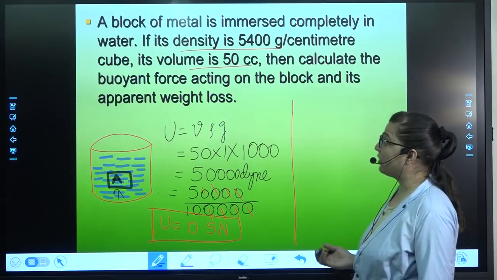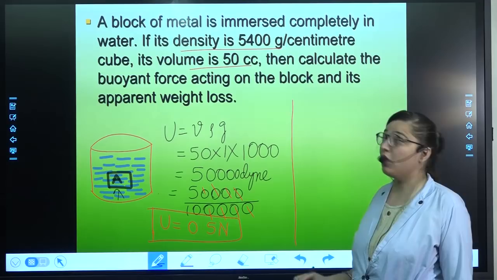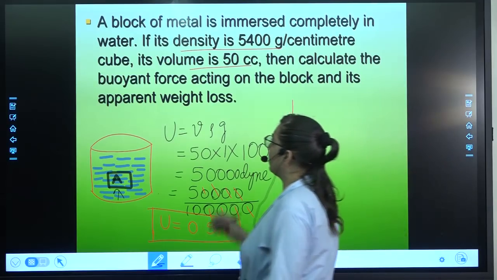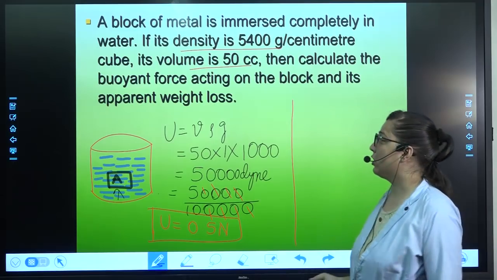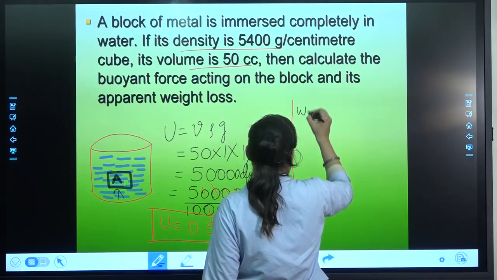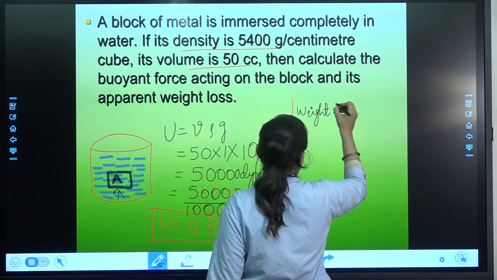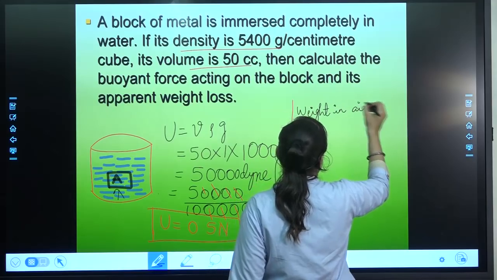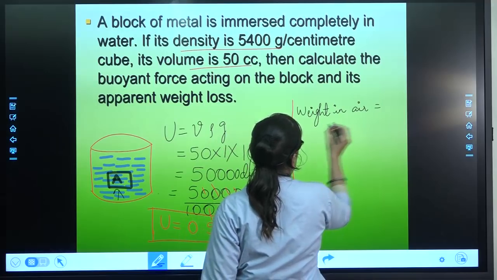So how to calculate now the apparent weight loss? For finding out the apparent weight loss, the density and volume are given to us. So weight in air is equal to its density into volume.